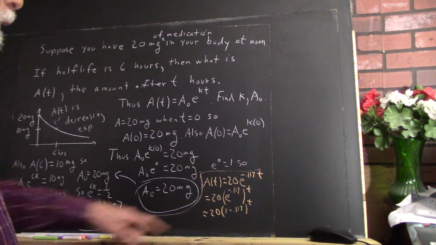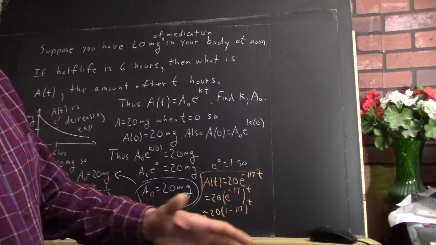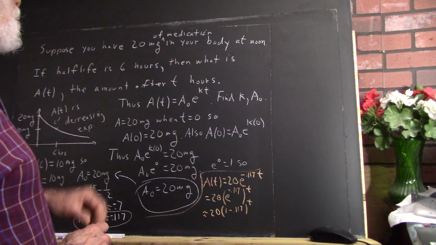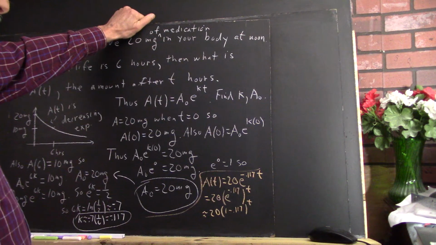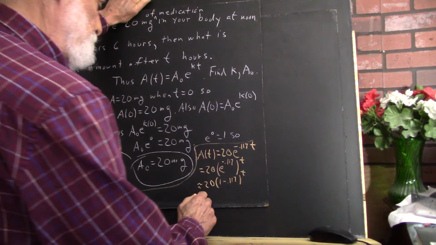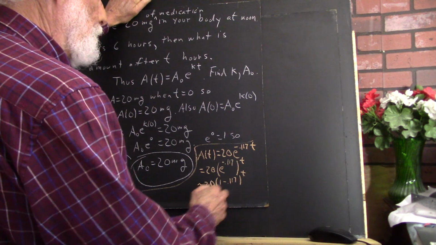That's 20 times 1 minus 0.117 approximately, because of what we did before. And you can think, okay, we'll use the Taylor expansion, but since we don't understand that, we just understand that there's a reason that it's equal to this.